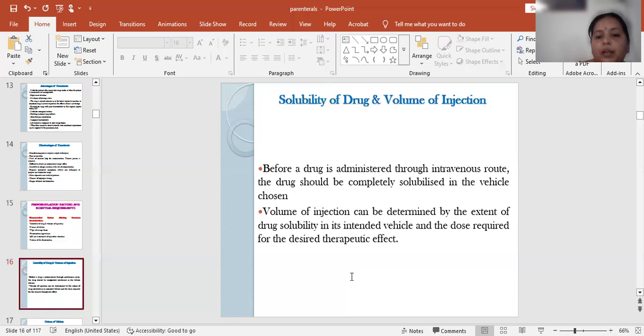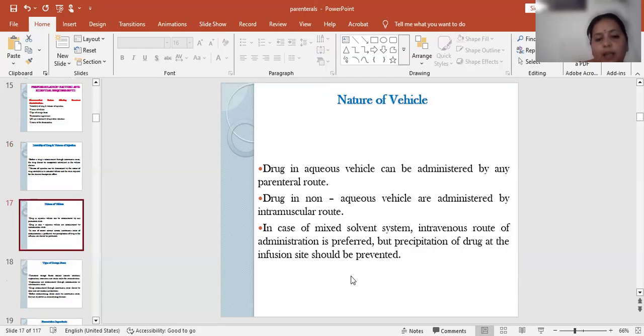Before a drug is administered through the intravenous route, the drug should be completely solubilized in the chosen vehicle. The volume of injection can be determined by the extent of drug solubility in its intended vehicle and the dose required for the desired therapeutic effect.